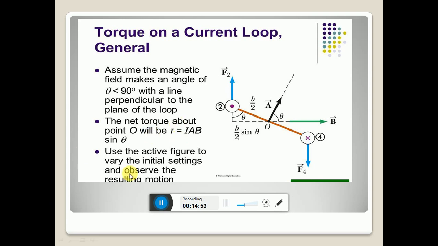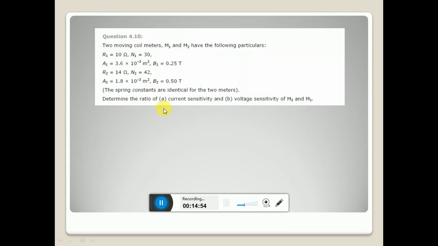10th one: two moving coil meters M1 and M2 have the following particulars. The resistance of the first coil is 10 ohms, number of turns 30, area of the coil is 3.6 into 10 power minus 3 meter square, magnetic field is 0.25 Tesla.